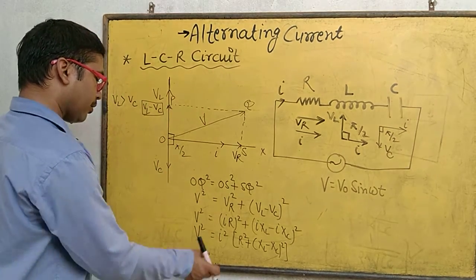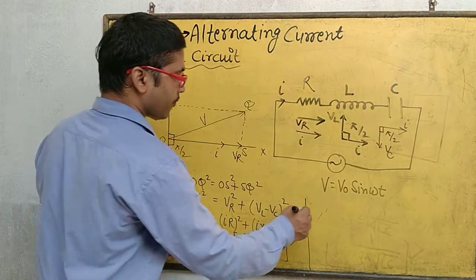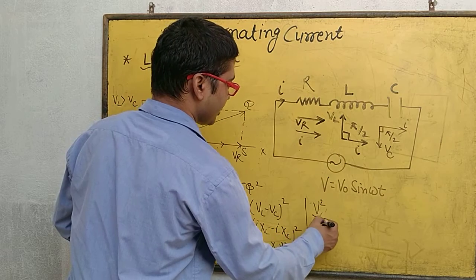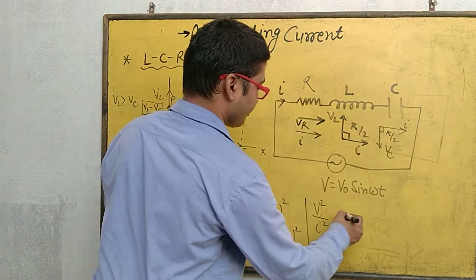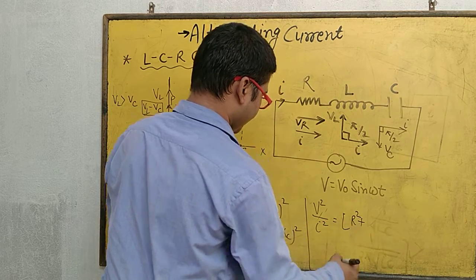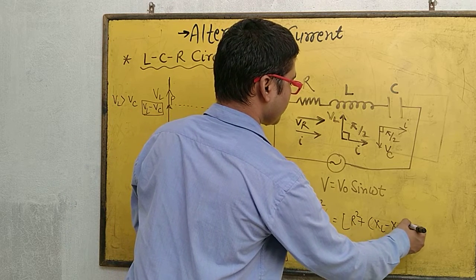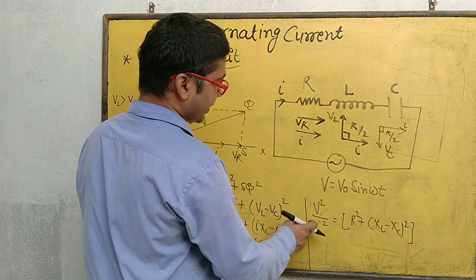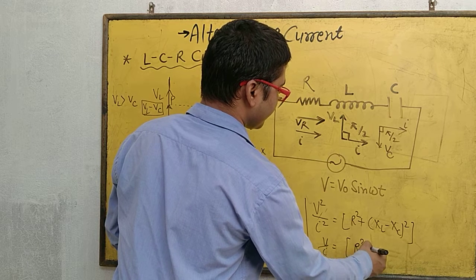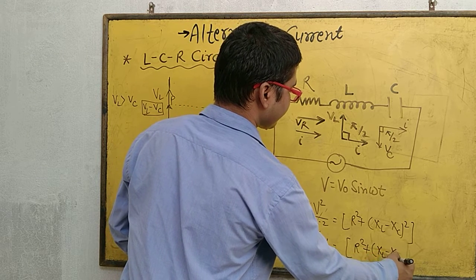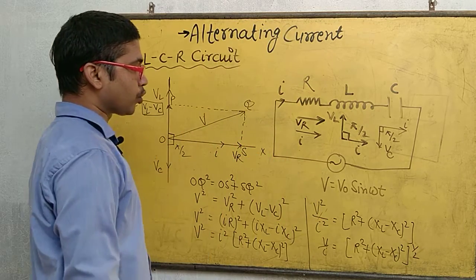Now you can rearrange this equation and you will get V square upon I square is equal to R square plus, in bracket, XL minus XC whole square. And now V by I can be written as R square plus XL minus XC whole square to the power 1 by 2, or you can say it is under root.